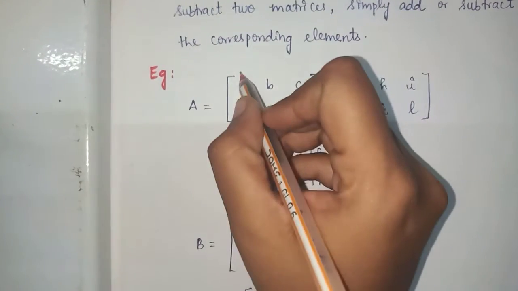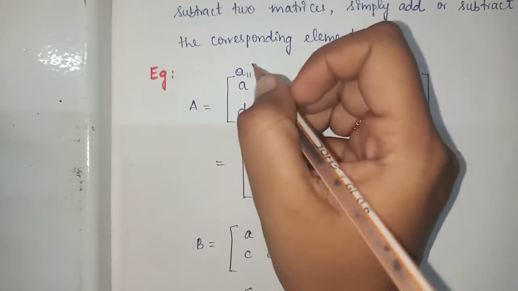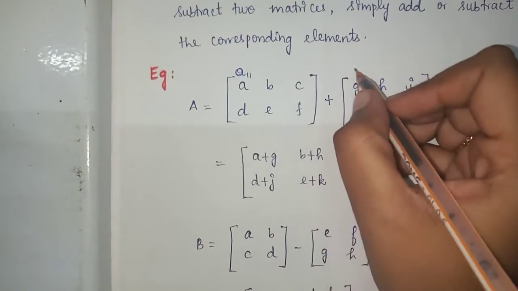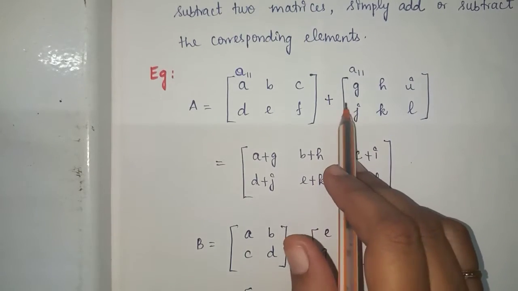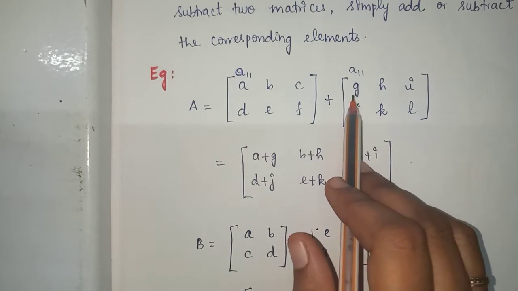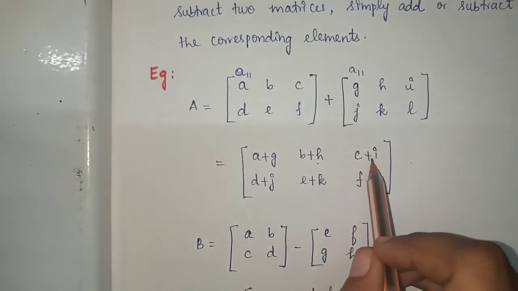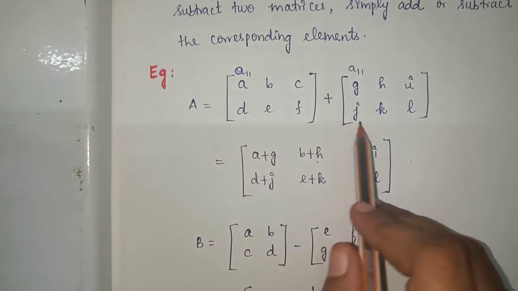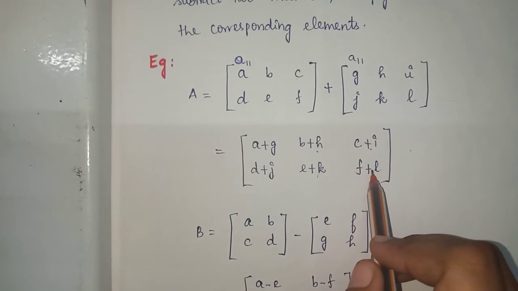This is the position of A11, which is in the first row and first column, and this is also the A11 position of the second matrix. So you have to add the corresponding elements: A plus G, B plus H, C plus I, D plus J, E plus K, F plus L.